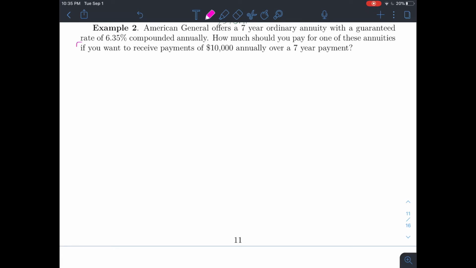But after reading this part, if you want to receive payments of $10,000 annually, okay, so you're going to be paying yourself $10,000 each year from an account. Even though you're receiving this money, remember if the account is decreasing to 0, we said in that note that this tells us that this is a PV problem.